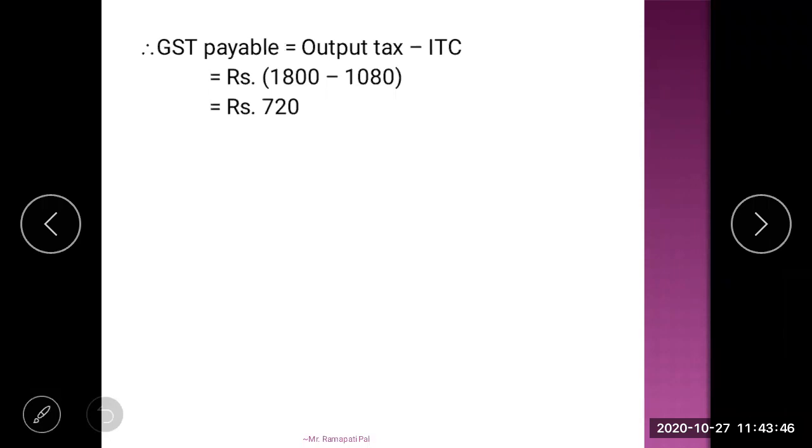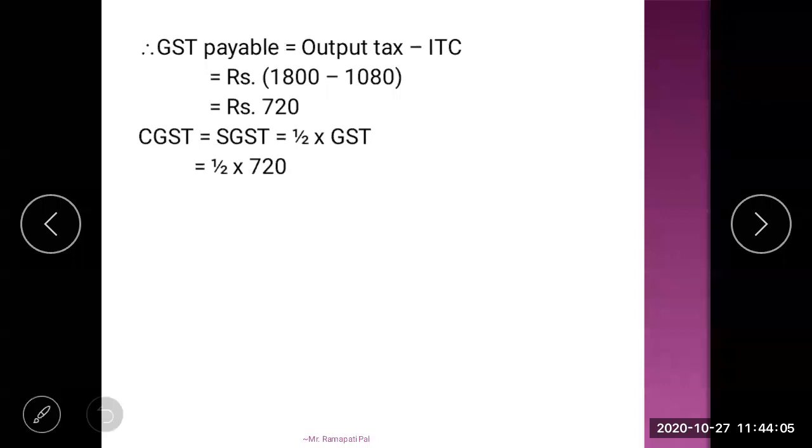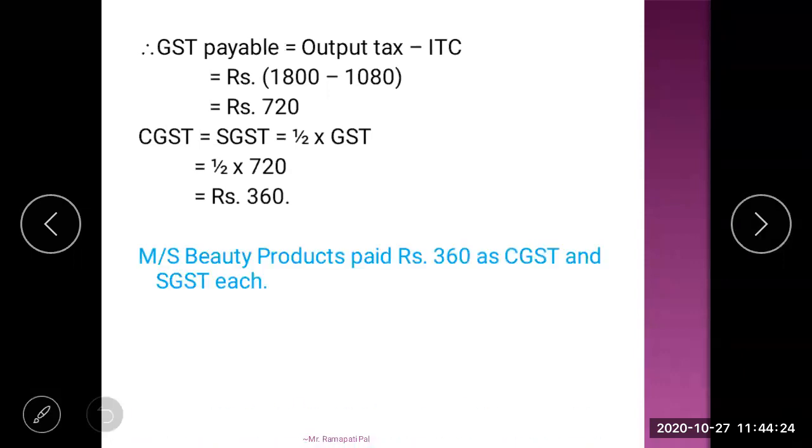Okay, so in this way we have completed 4.2 exercise. Is it clear? किसी को कुछ डाउट है इसमें? So CGST is equal to SGST is equal to half of GST. We know GST is okay. Chapter?